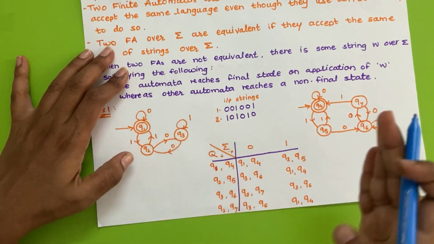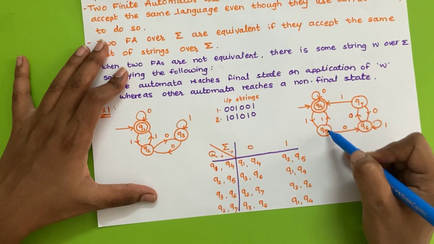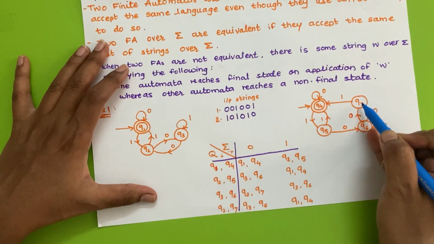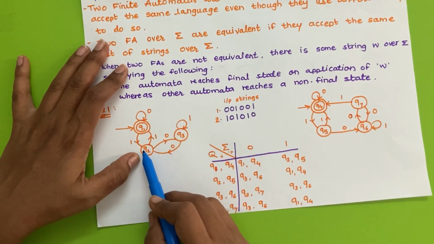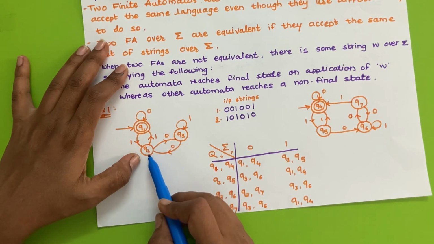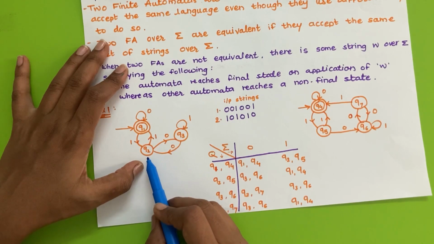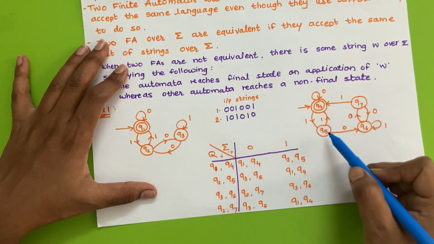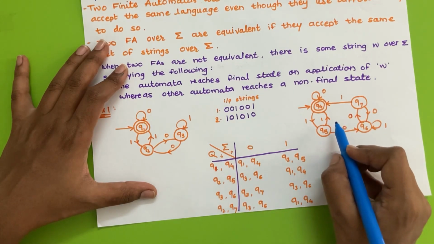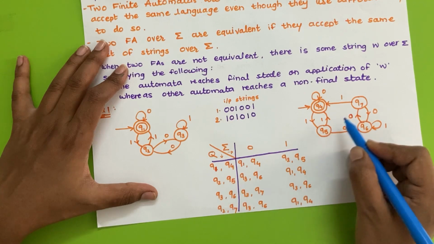So q5 and q7 are equivalent states because they perform the same task that should be done by the state present in the first finite automata, and that state is q2. We don't need two different states performing the same task. So these two states are equivalent states.